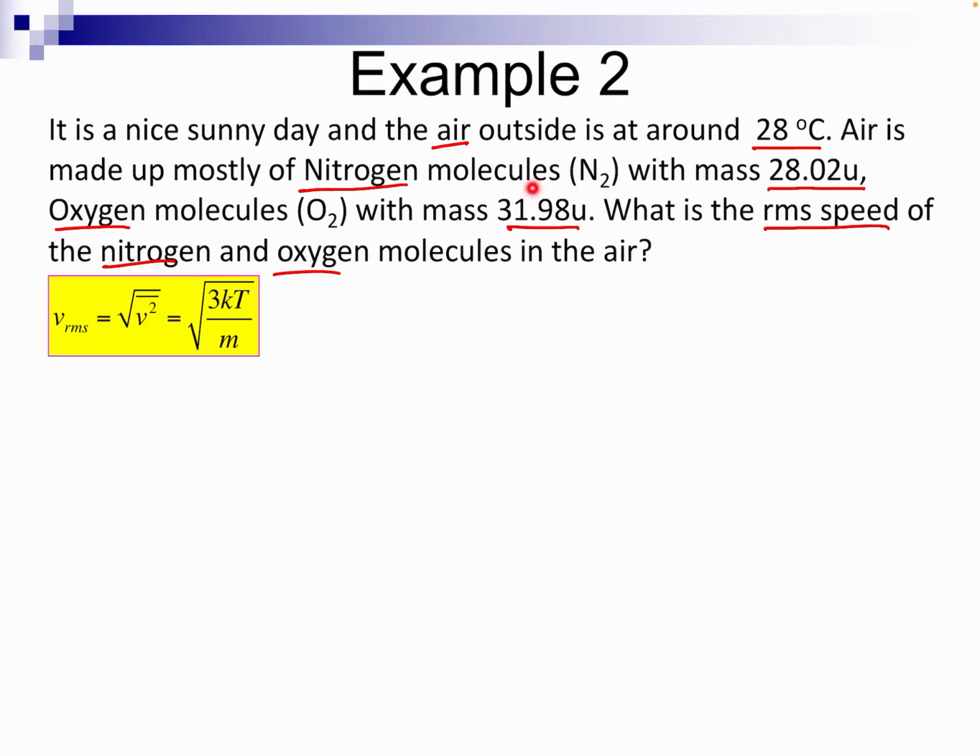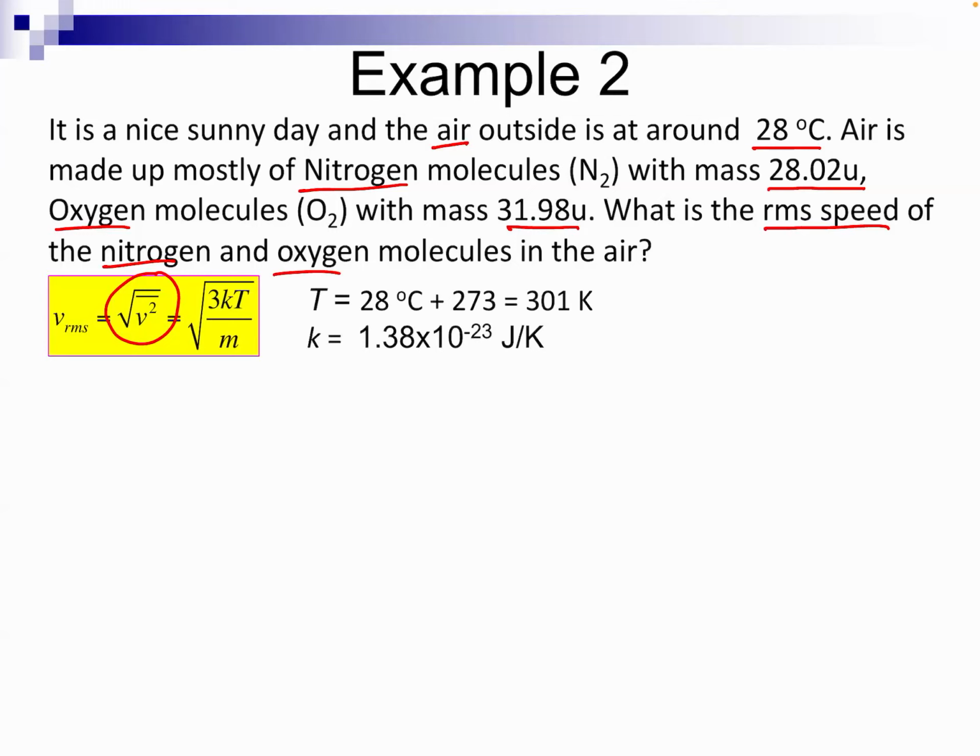But in this case, we're not given the individual speeds of the nitrogen and oxygen molecules making up the air. So this definition of the RMS speed will not be useful, but we do have a relationship that relates the temperature of the molecules to the RMS speed via the kinetic theory of gases.